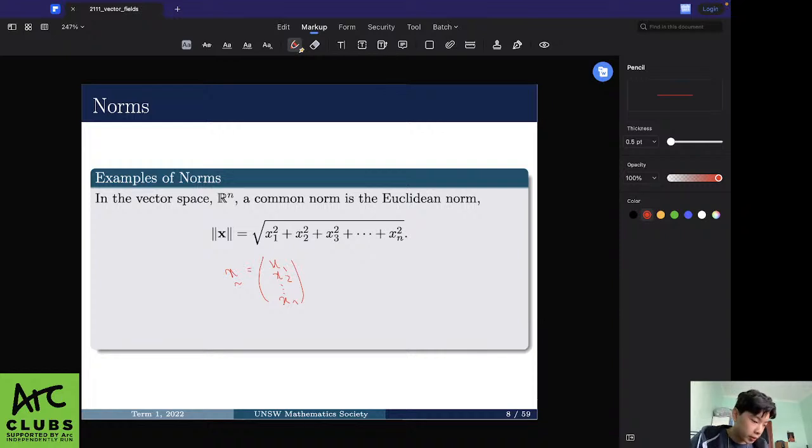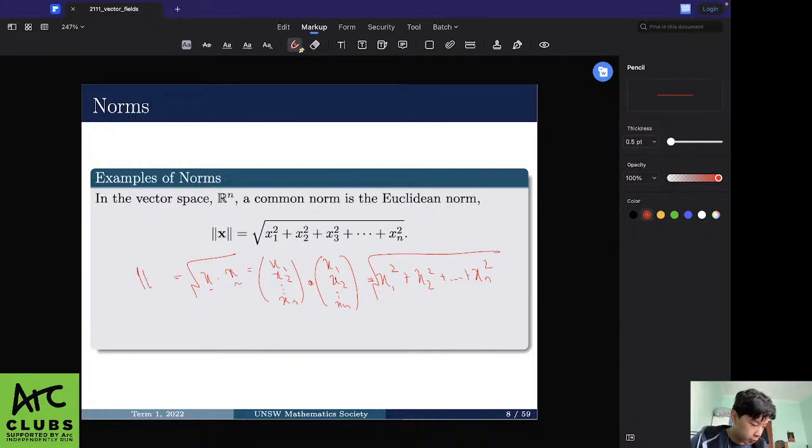And what you might notice is, if we dot this vector with itself, we would get x dot x, which is equal to x1 squared plus x2 squared, and so on until xn squared. And if we take the square root, we find that this is our norm.